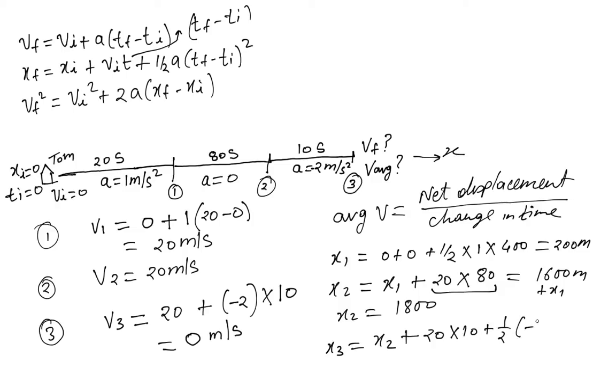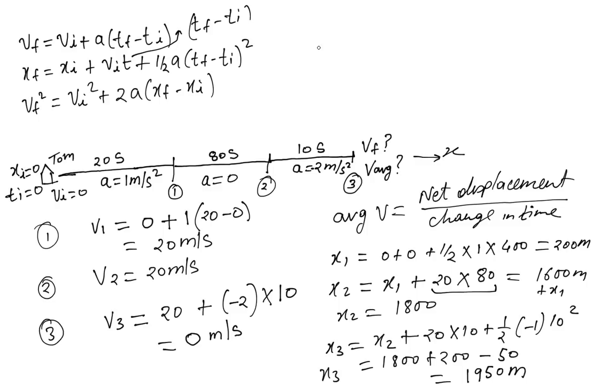And what is a? It's minus 1. And tf minus ti squared is again 10 squared, and that gives us x3 equals 1800 plus 200 minus 50, and that is how much? 1950 meters. So that is the total displacement Tom traveled from here to here.